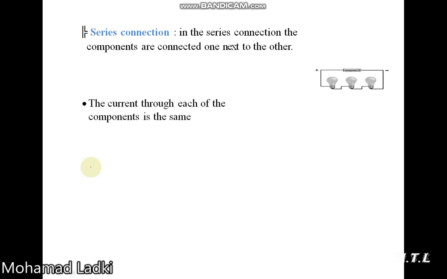The electric current through each of the components is the same. It means if we connect an ammeter in the circuit, we will get the same value. The electric current is measured in amperes, using an ammeter, and we put it in series in the middle of the circuit.